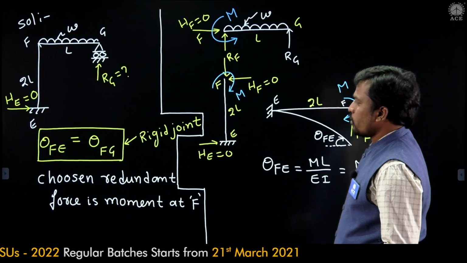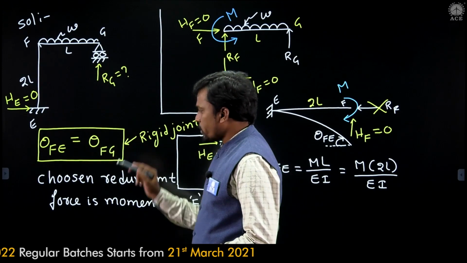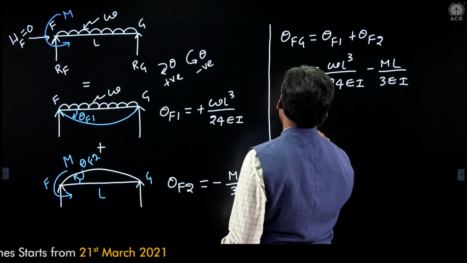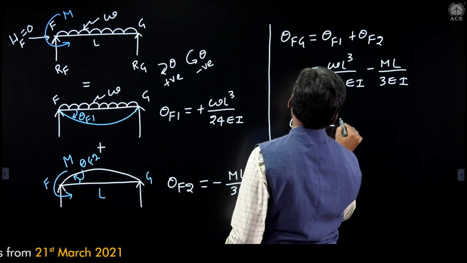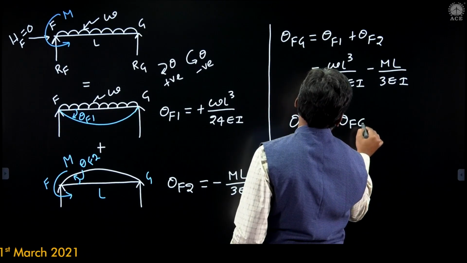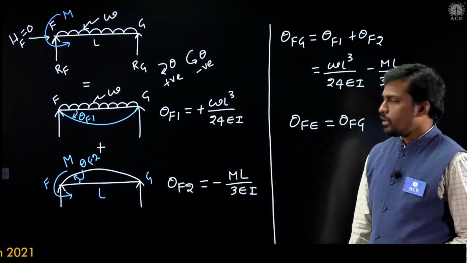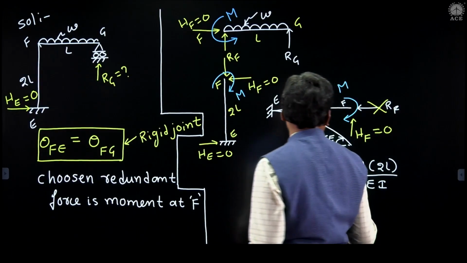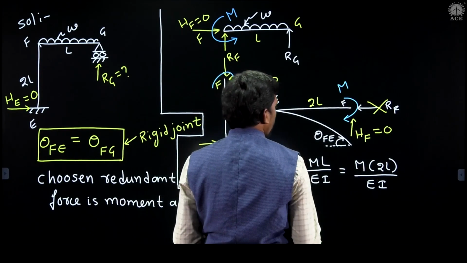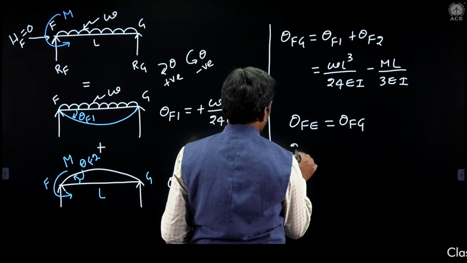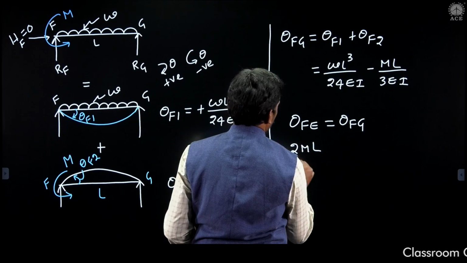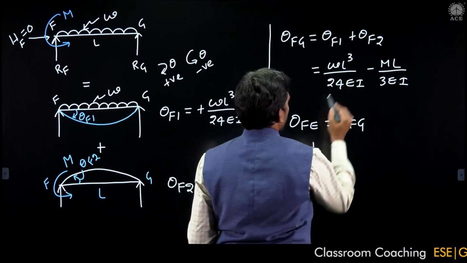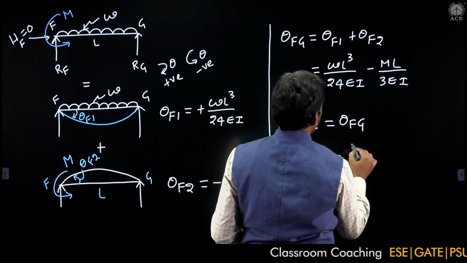So rotation in member FE equals rotation in member FG, right? We have to equate. What is the rotation in member FE we got? For FE we got 2 ML by EI. The rotation in member FG is this value, right?